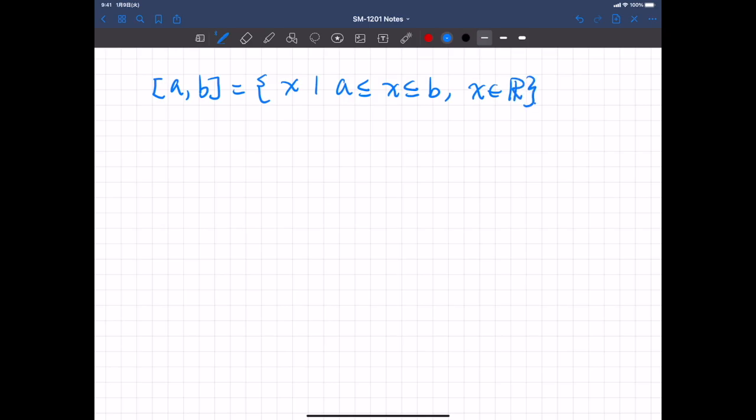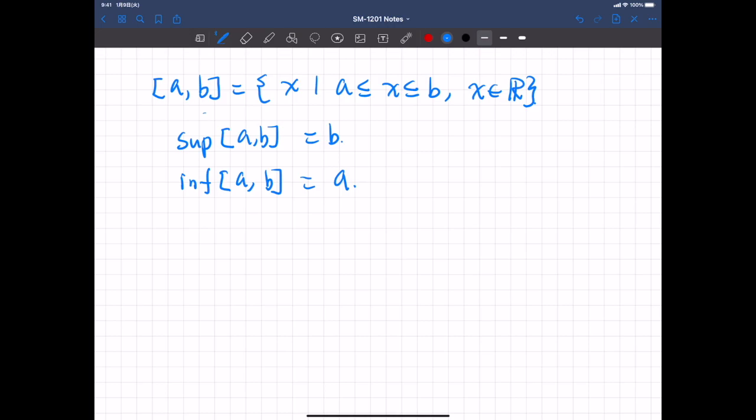Then, in this case, the supremum of this interval between A and B is equal to B. And the infimum of this interval, this closed interval, is A. Okay. In this case, B is obviously the maximum value of all the elements of this interval, and A is the minimum of all the elements of this interval.